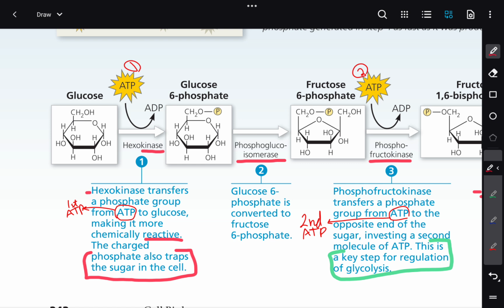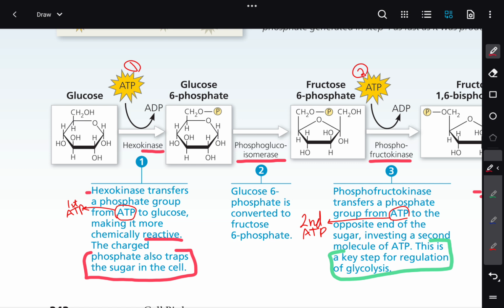The first step is where we use the first ATP, and another role that this step serves is that it traps glucose within the cell. It can no longer easily leave, it just traps it. What do we get? We get glucose with a phosphate. It's called glucose 6-phosphate.